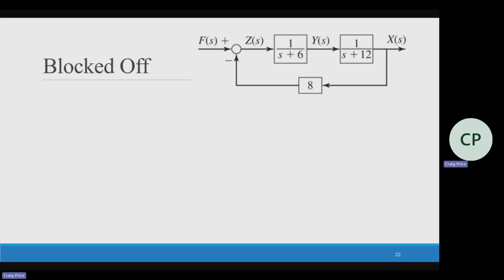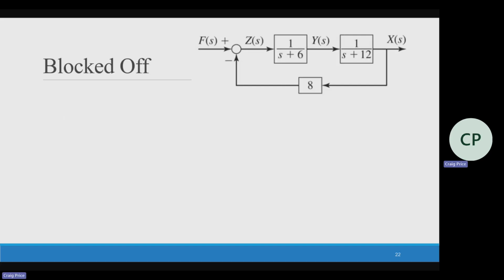And this is a pretty standard way to represent a system. This could be mechanical, but again, it could be really any kind of system where you may have some kind of feedback loop like this.